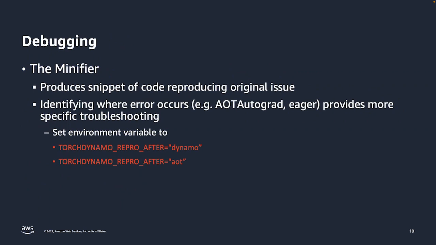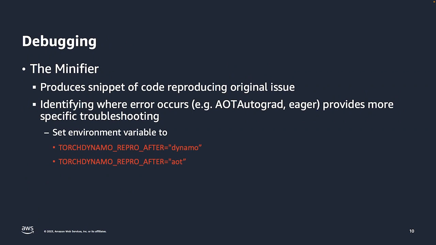So the reason I wanted to break down torch.compile is because of a new tool for debugging called the Minifier. And the Minifier produces snippets of code that would reproduce the original issue. So you could copy that snippet of code, add it into the GitHub issue for the PyTorch repository, and you can get some help with a nice actual reproducible piece of code.